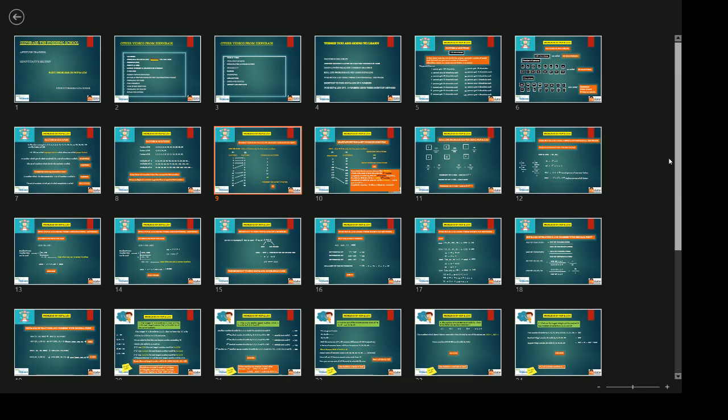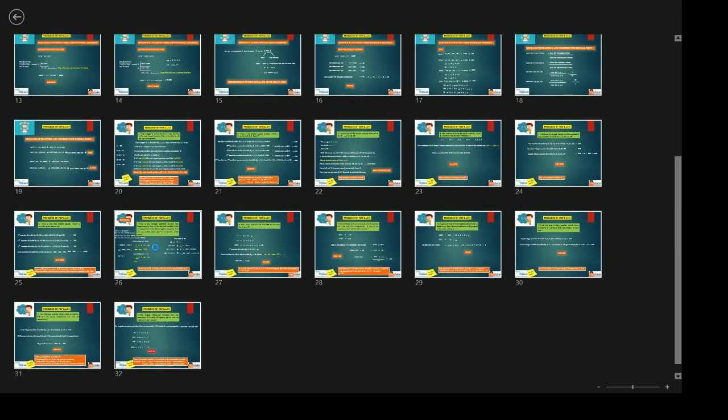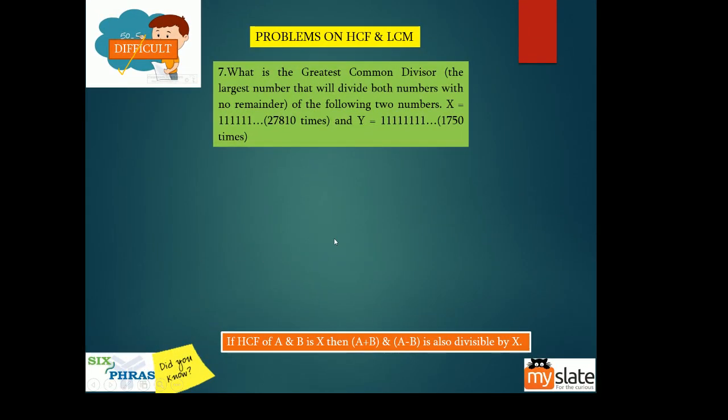So here, in this example, that is what they say: the largest number that will divide both numbers with no remainder is the HCF. You have to find the HCF of two numbers. This number is pretty large. It is 1 repeated 27810 times.